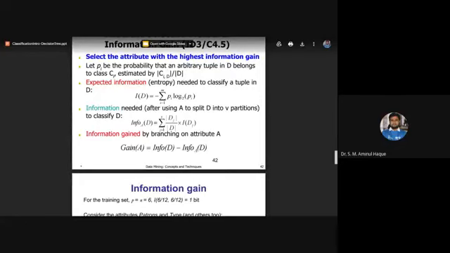If there are 2 class levels, then m is 2. That means we'll get 2 terms like this, minus this one, minus another term. If there's yes and no, we'll get 1 term for yes, minus this one, and another term for no, minus that one. Get it? If there are 3 levels, then we get 3 terms like this, minus this, minus this, minus this.